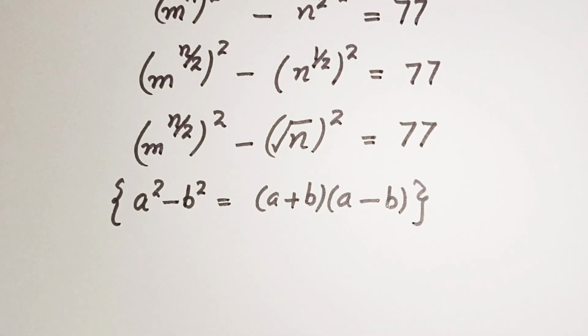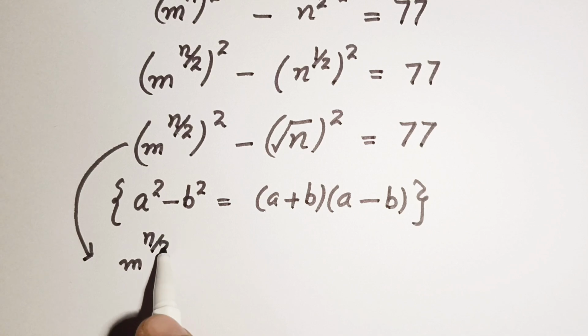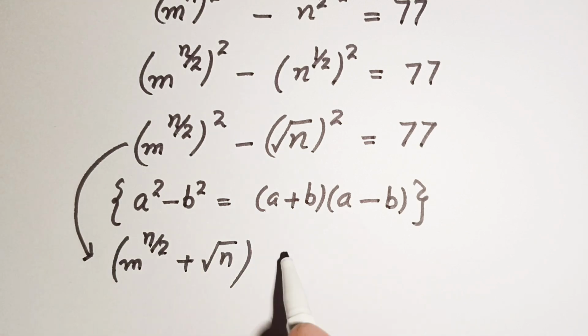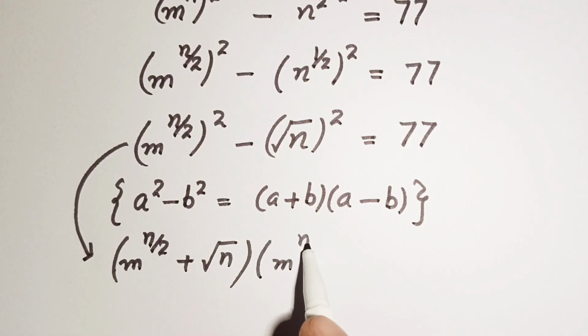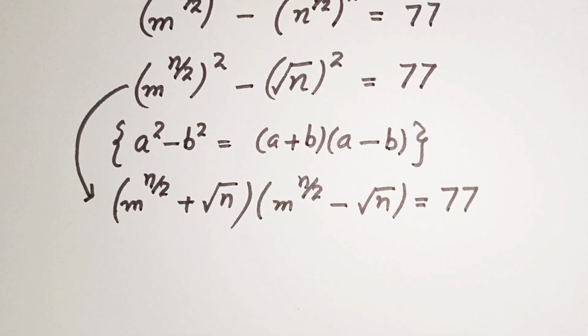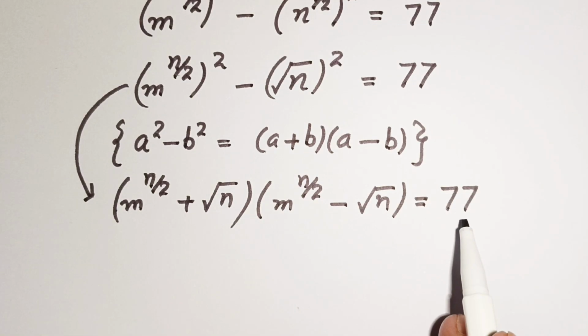Now applying this formula in our step, a is m to the power n over 2, and b is square root of n. Now a minus b, so m to the power n over 2 minus square root of n, is equal to 77. Now we are just writing different factors of this 77.